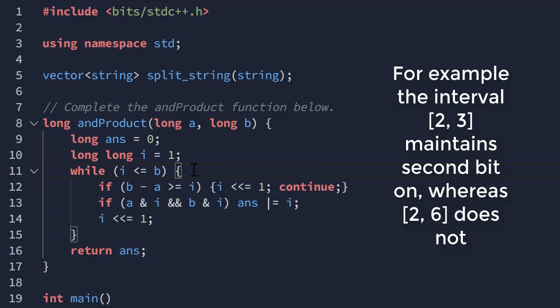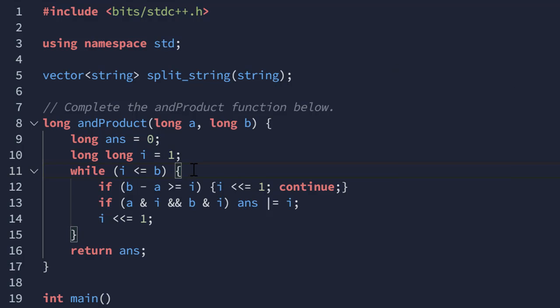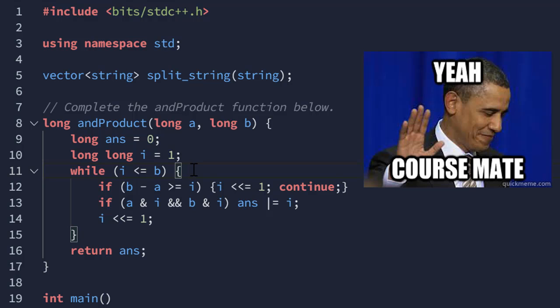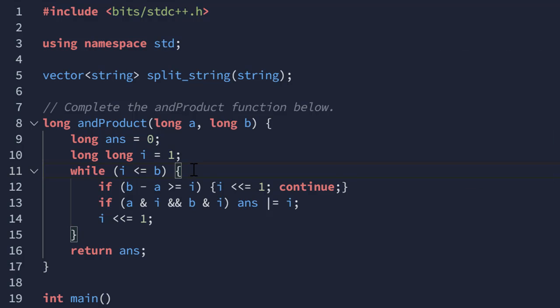If you want more than 2 consecutive numbers to have the second bit on, that's gonna be impossible, because you are gonna have, let's say, 2, 3, 4, and 5. Those are 4 consecutive numbers, and in 4 and 5 the second bit is not on at all, it's off. So the maximum range for the second bit to remain on is gonna be 2 numbers, 2 and 3.